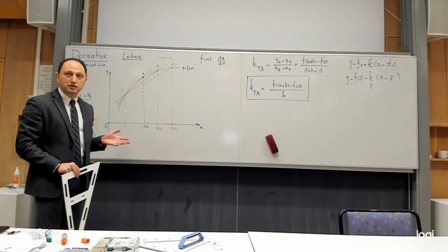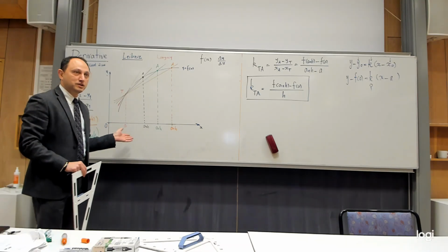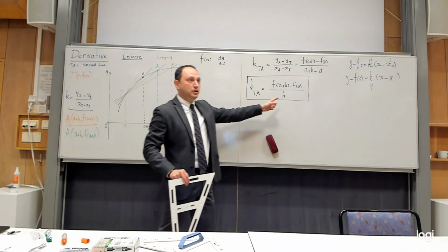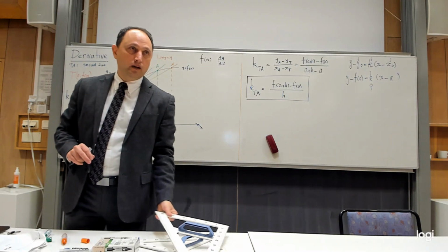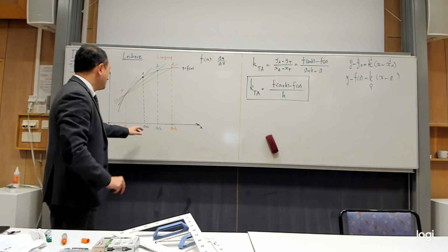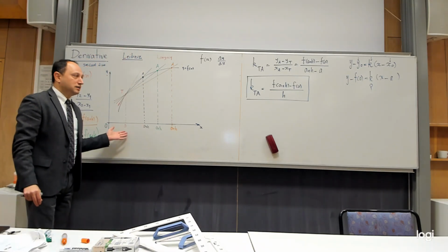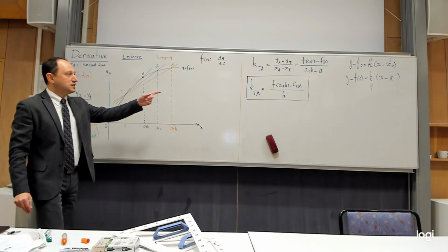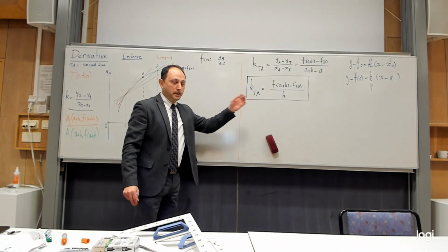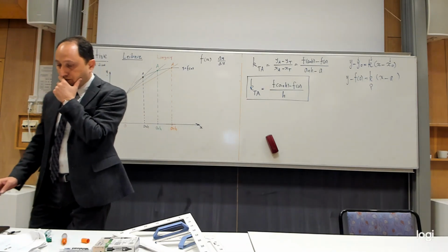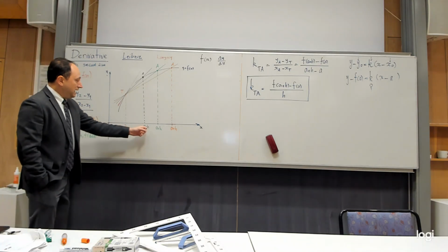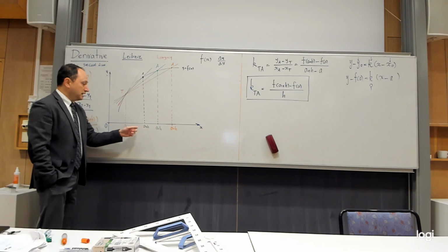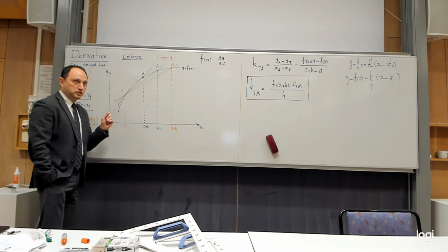Ideally, what should be the value for h to reach my goal? 0. But there is a big problem with 0. You see, h appears in the denominator and it cannot be equal to 0. That's unfortunate. So the ideal is to make h equal to 0, and then this formula doesn't make sense. So Leibniz assumed that I can make h very, very small, but not equal to 0.